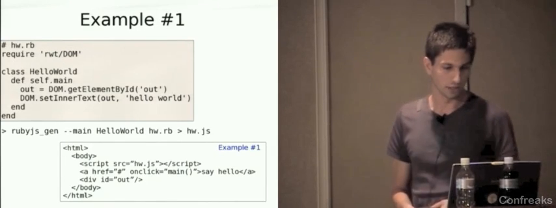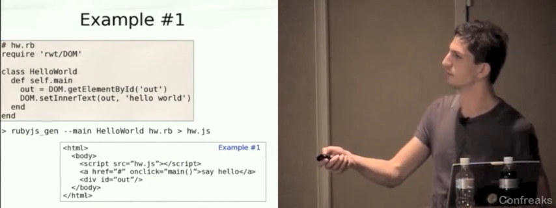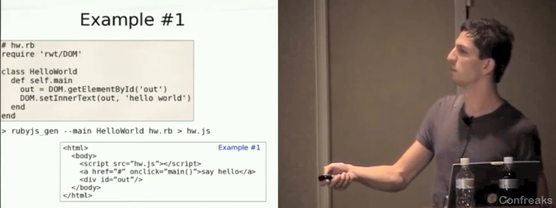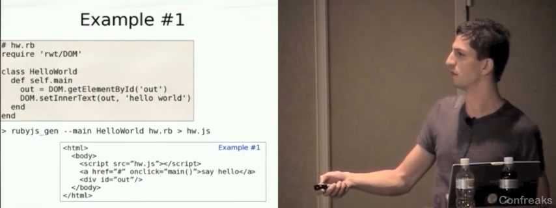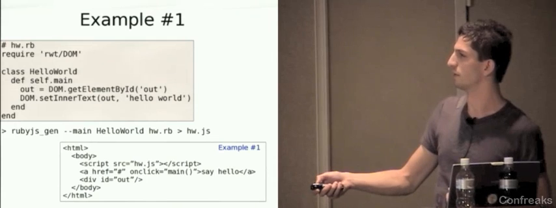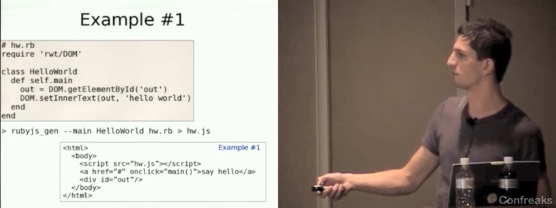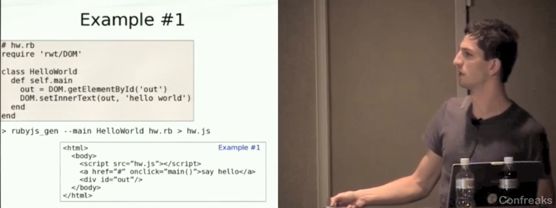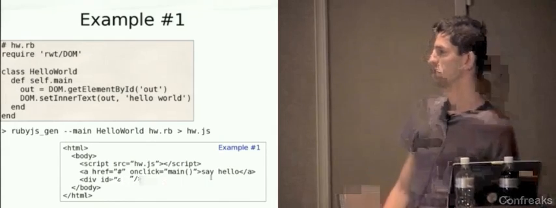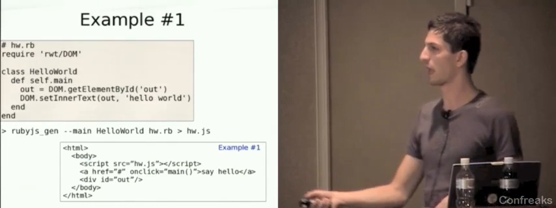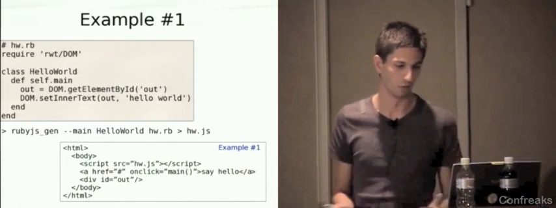This Ruby file will then simply be compiled using this command to the hv.js file, and you can simply include it inside the HTML file, and when you click on the anchor tag, it will show Hello World.